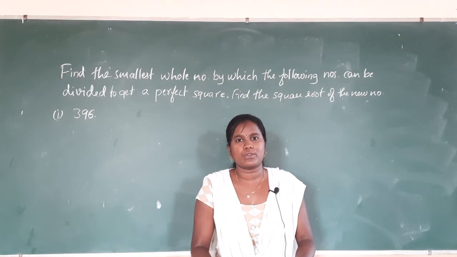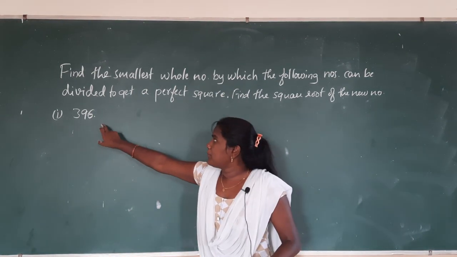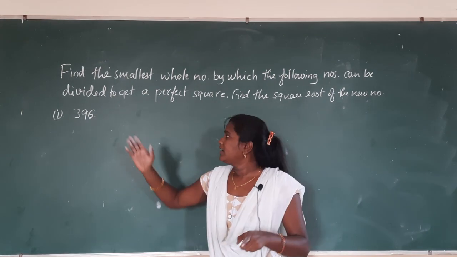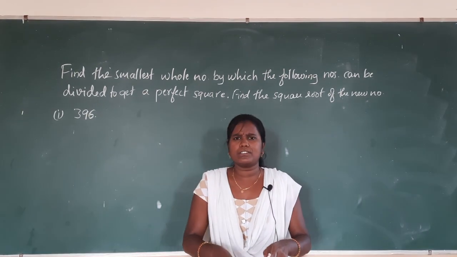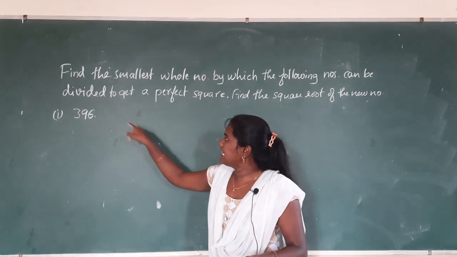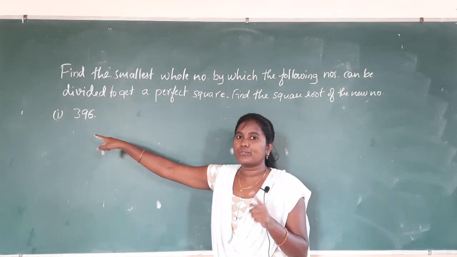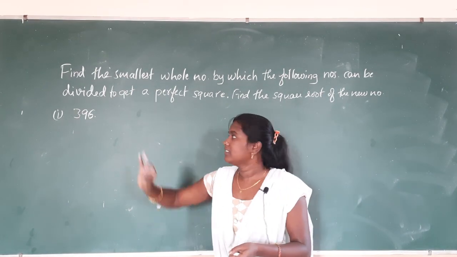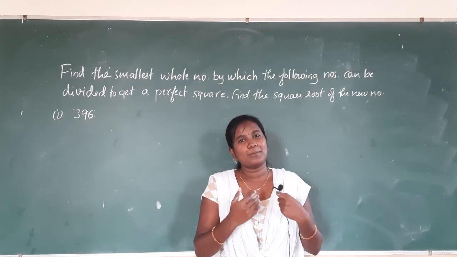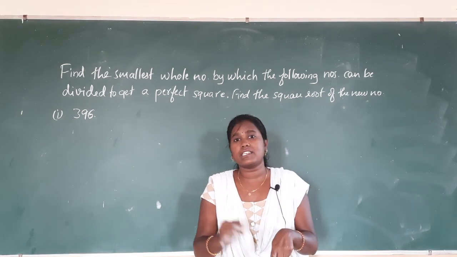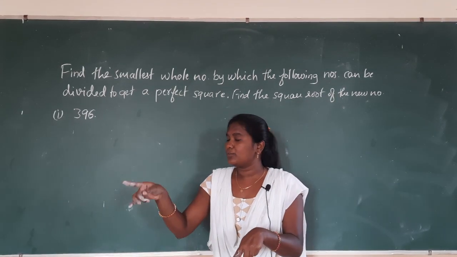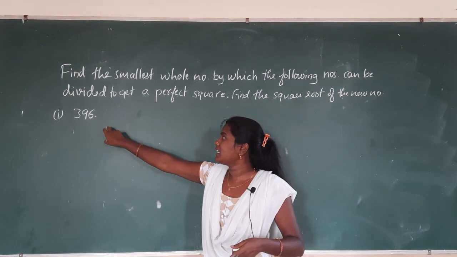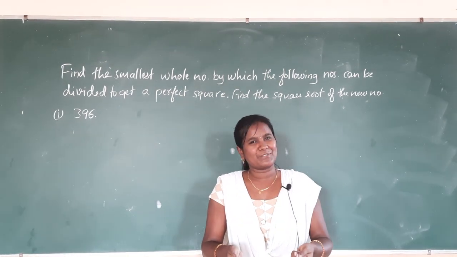It is not a perfect square because the nearest perfect square of 396 is 400. 20 squared is 400, 19 squared is 361, therefore 396 is not a perfect square.